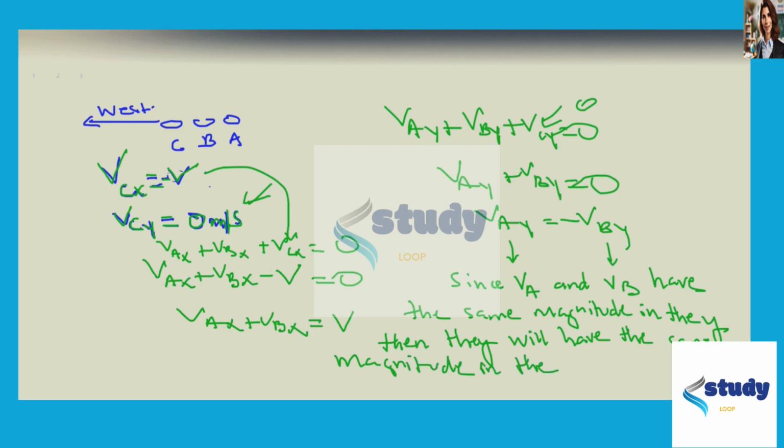By magnitude, we just mean that this portion of the equation is the same. The direction is different. That's the vector part, but the magnitude part is the same. So that simply means that Vax has to equal Vbx, and that's equal to the component of the velocity Vx.